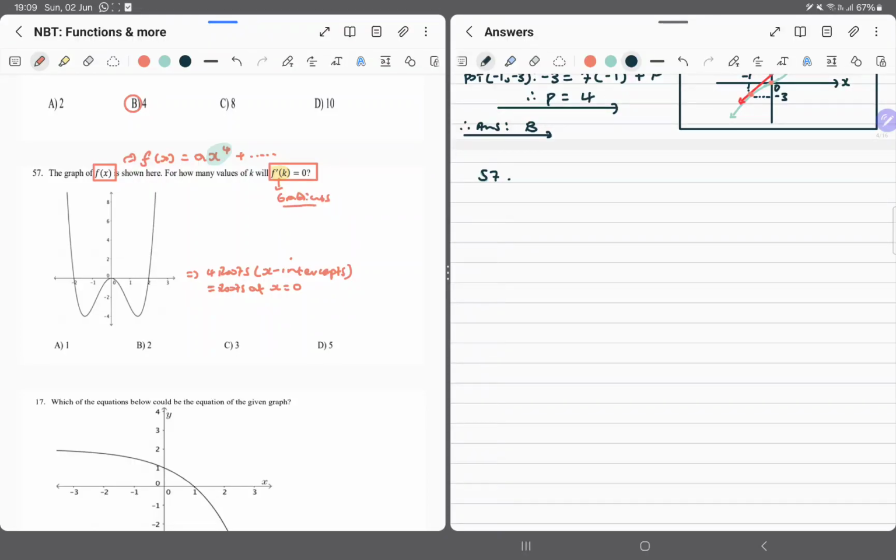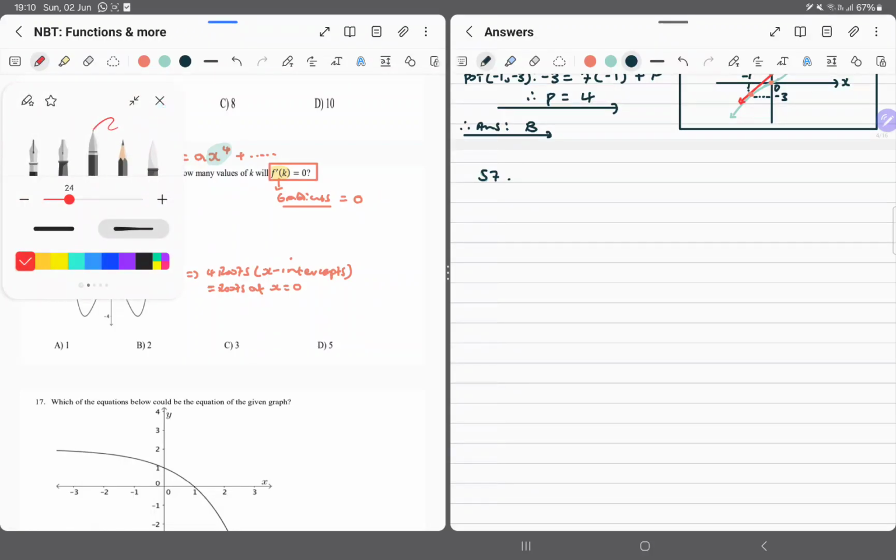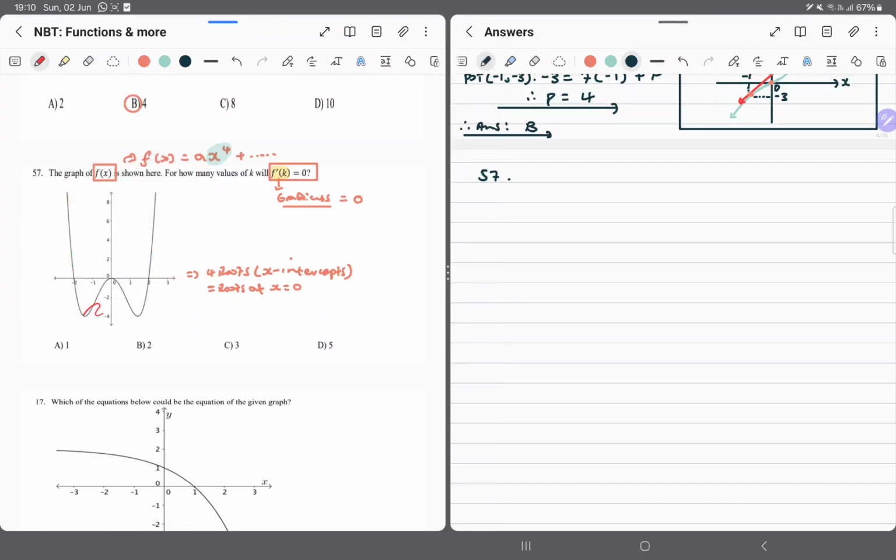And we are saying the gradients now must be equal to 0. When are the gradients equal to 0 in this graph? The gradient at the turning point is 0, 0, and 0. So how many turning points do we have? 3. So for how many values of k will we have the gradients being 0? At 3 positions.